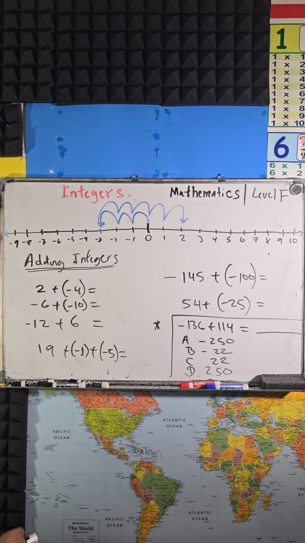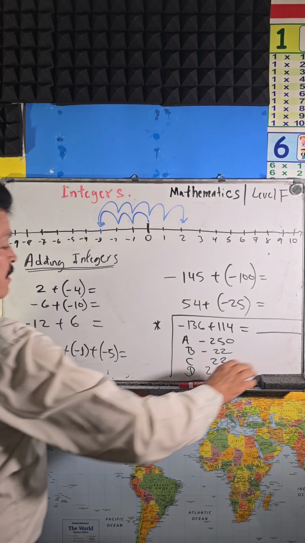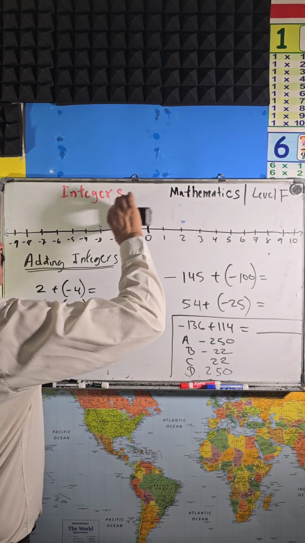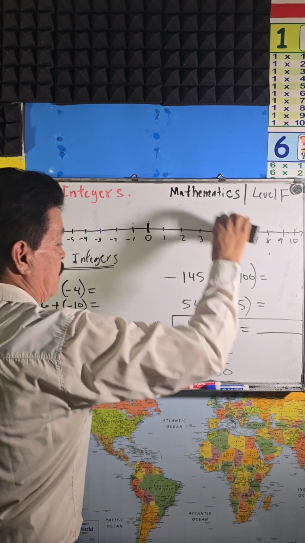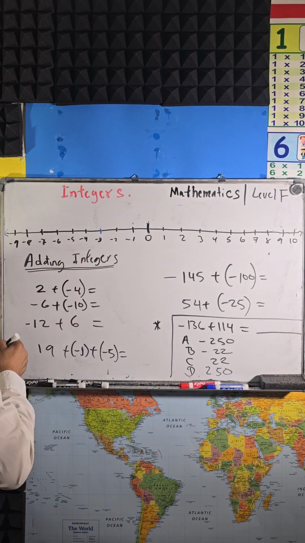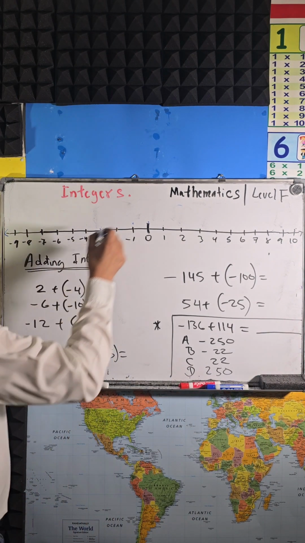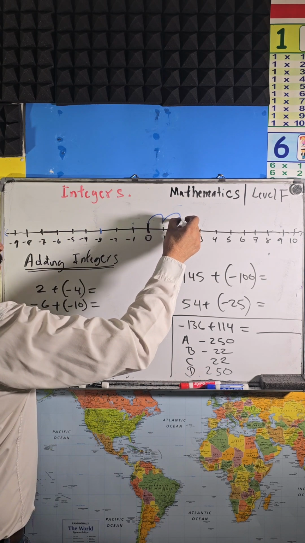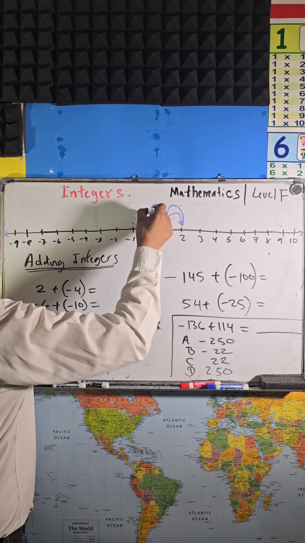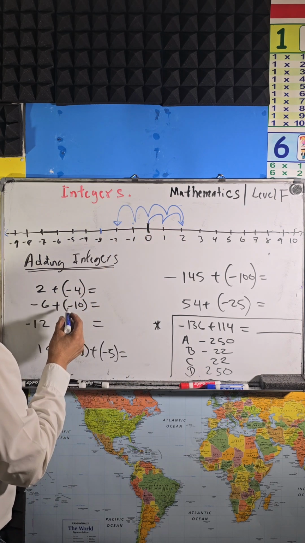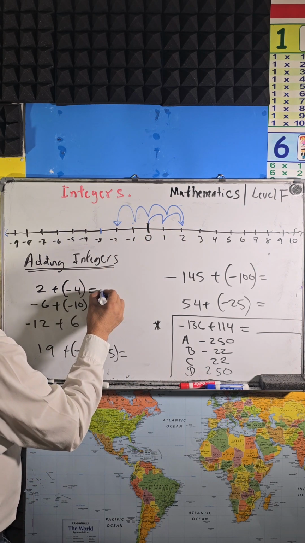All right, let me work on the first problem here. In the first one, 2, 1, 2 minus 4, negative 4, 1, 2, 3, 4. Negative 4 here equals negative 2.